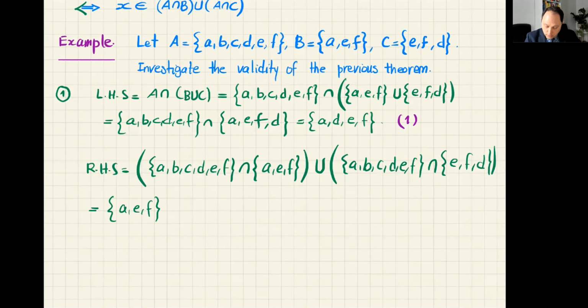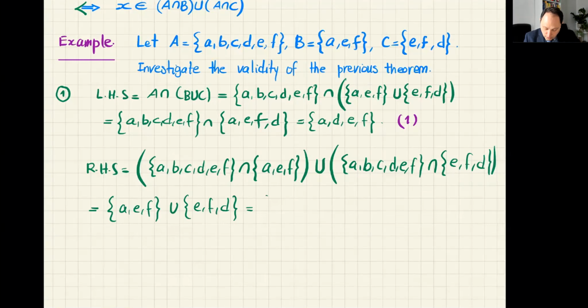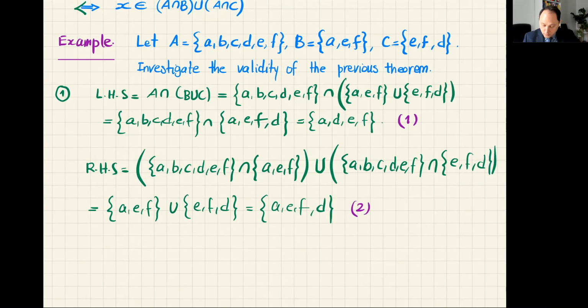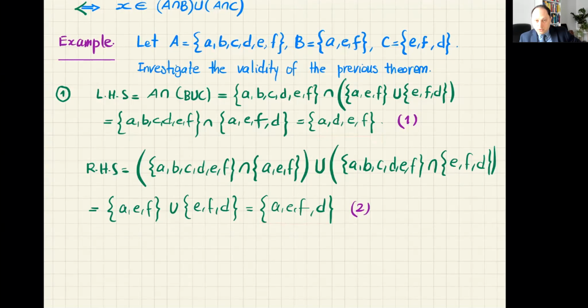And then what is the intersection here is again all of them. It is E, F, D, yes? E, F, D. So then it becomes union E, F, D. And now if I union these two again, I write the first one, and then when I want to append, I need to only add D. Yes? But then if I put this as number 2, then if I compare number 1 and number 2, I can immediately see that these two sets are the same.